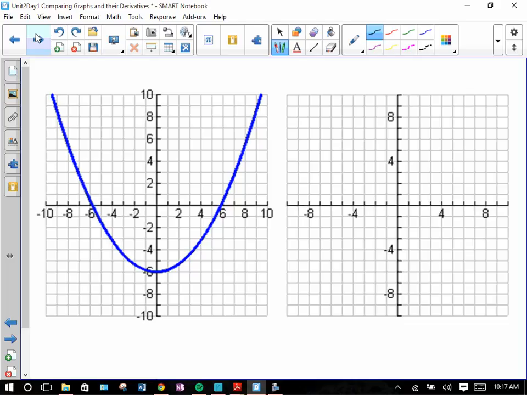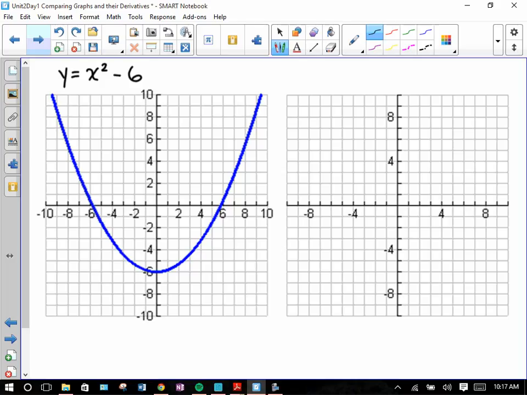We know this graph is supposed to be y equals x squared minus 6, but we don't want to rely on that. Maybe it's just a little bit different. What we know is that if we can estimate the slope at certain points, we can sketch a graph.